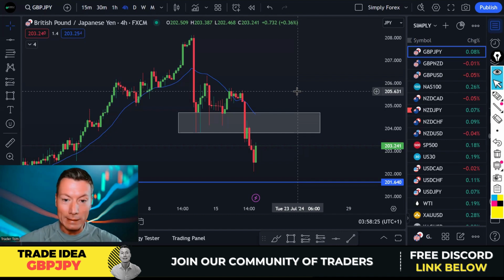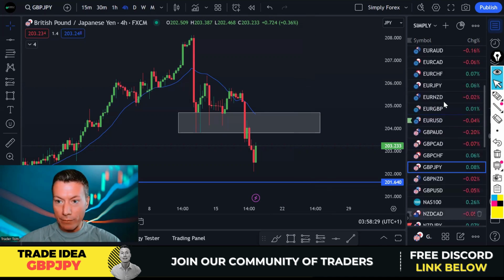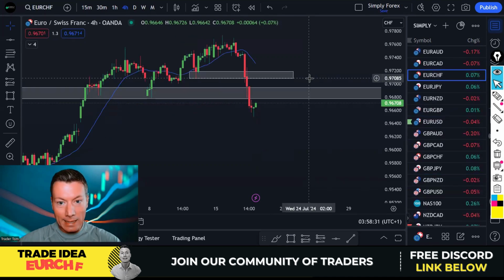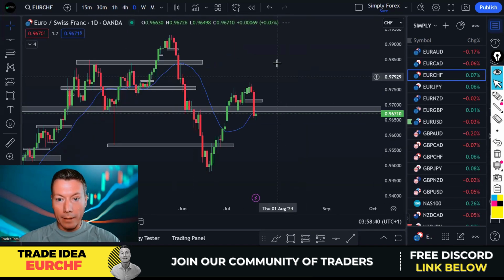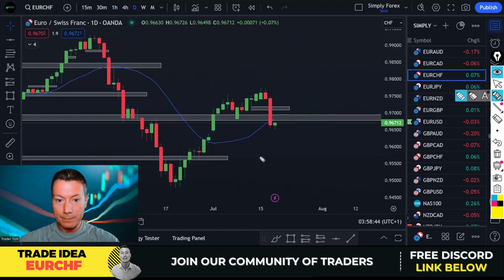Right, the last one is Euro Swiss franc. Like I said, the NASDAQ coming down, the indices coming down, has led to strength in yen and Swiss franc because they are flight to safety currencies. And this is no different. You can see here, Euro Swiss franc, price had created an uptrend because we're getting higher highs, higher lows, higher highs.